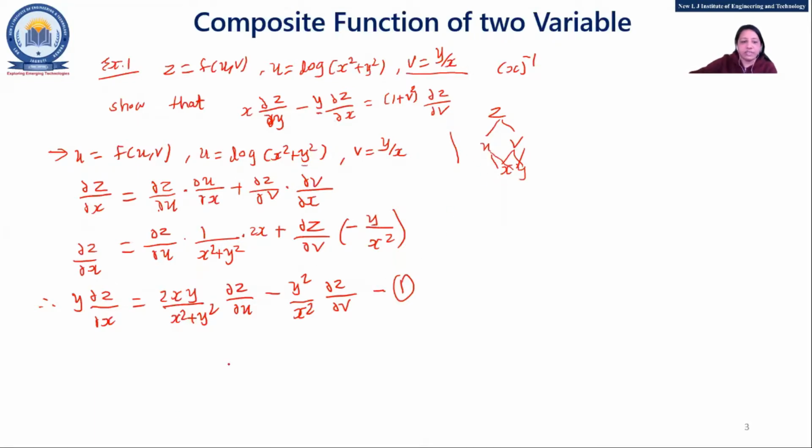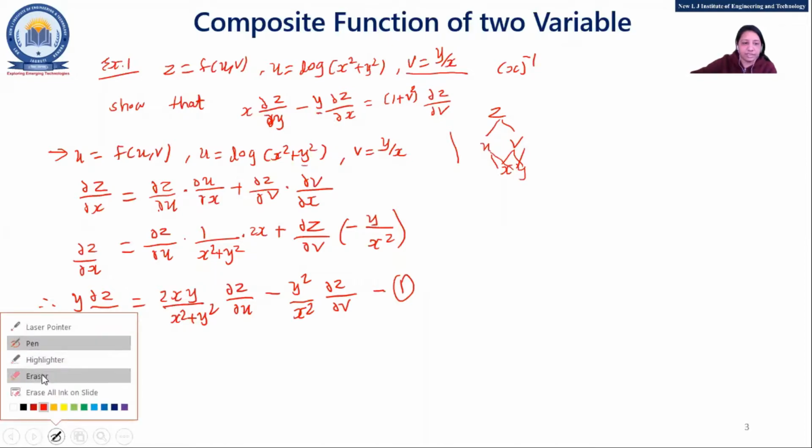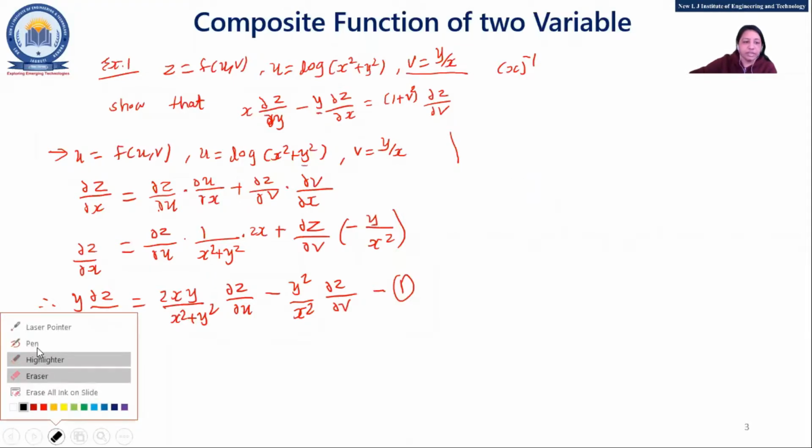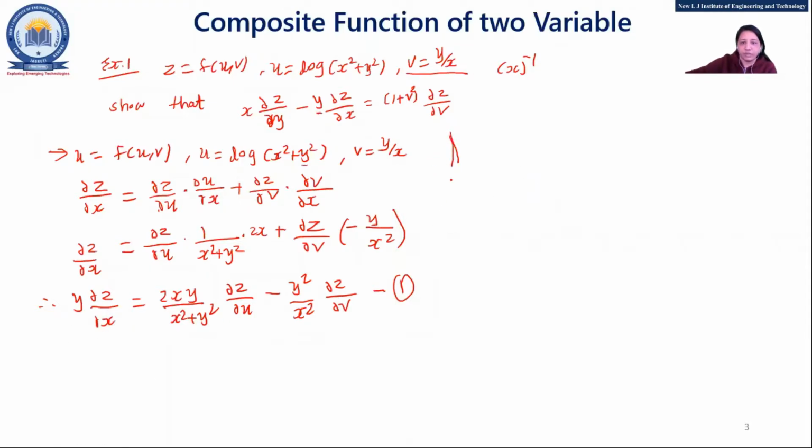Now we'll start with the second one, which we want in the LHS, that is del z by del y. In the same way, we get x del z by del y. Now we want del z by del y.